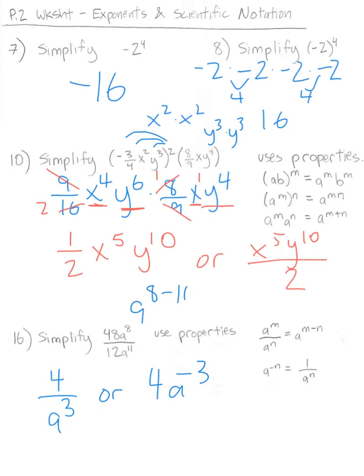So either one of these answers would be totally fine. This right here, 4a to the -3rd is equal to 4 over a to the 3rd, indicates that when you have a base to a negative power, if it's on the top, you flip it to the bottom of the fraction, make it positive. Had it been on the bottom, you'd flip it to the top and make it positive. So that's what negative exponents do, very much like in scientific notation.